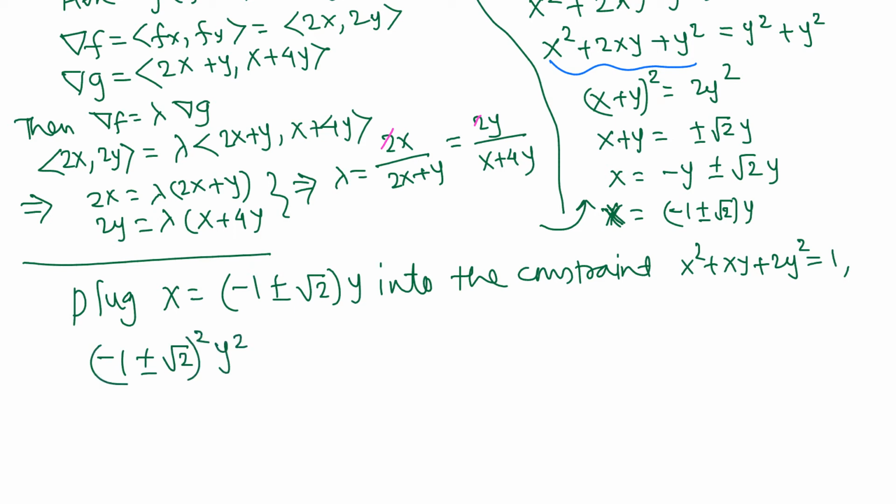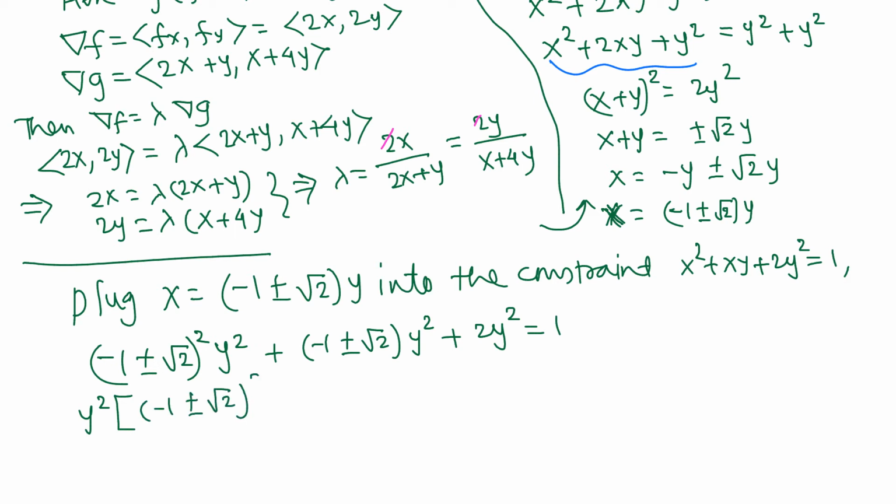x squared means plus x times y, so negative 1 plus or minus root 2 y times y, plus 2y squared equals 1. We can combine the y squared terms and factor out: negative 1 plus or minus root 2, squared, this is a decimal number, plus negative 1 plus or minus root 2, another decimal number, plus 2, because y squared is factored out, equals 1.